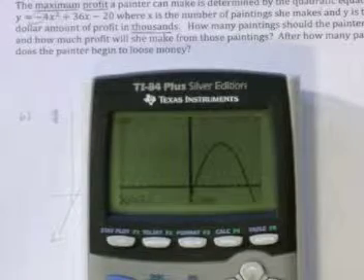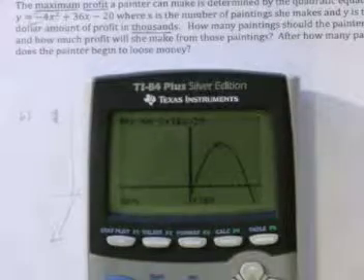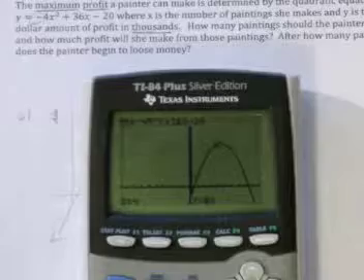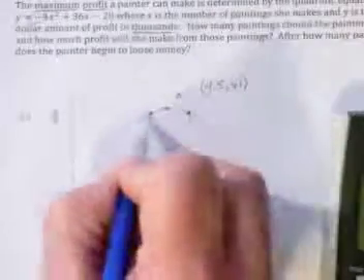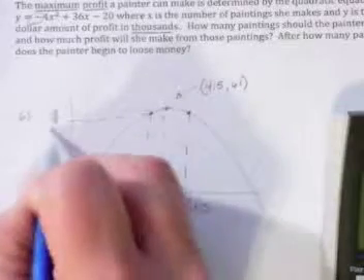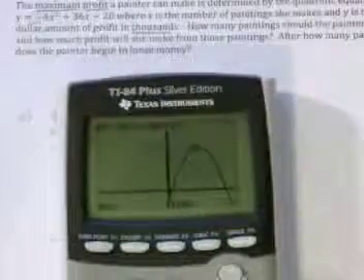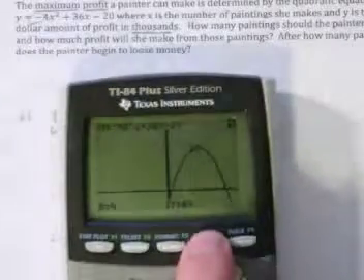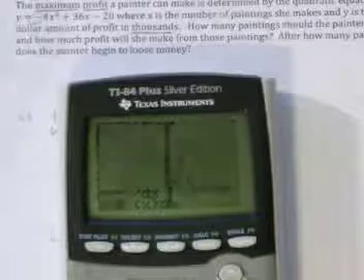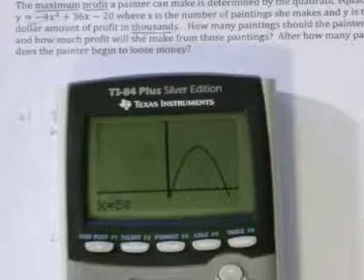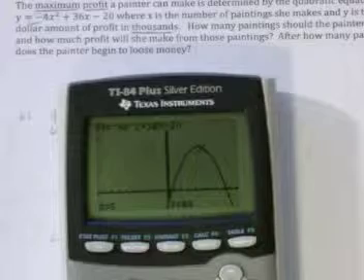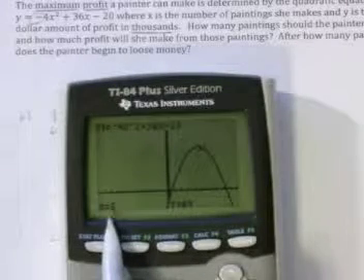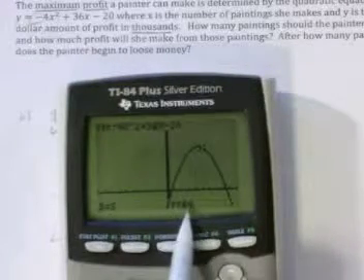So I want to know what y is when x is 4. It seems to be 60, so if she makes 4 paintings, she'll make $60,000. So let's check 5 paintings. Again, second calc, option 1, and I put in 5. And again, it tells me that when she makes 5 paintings, her profit will be $60,000.